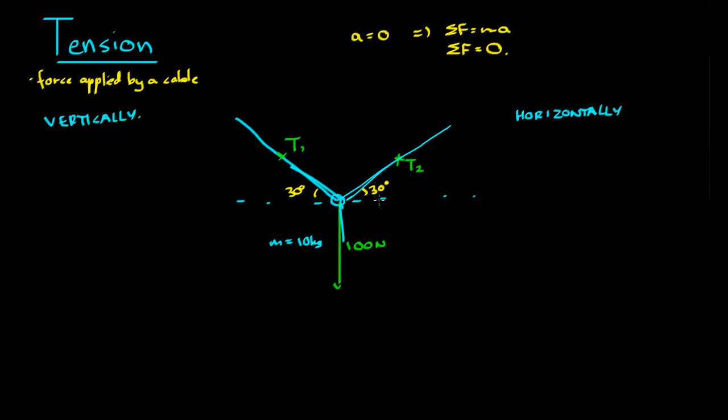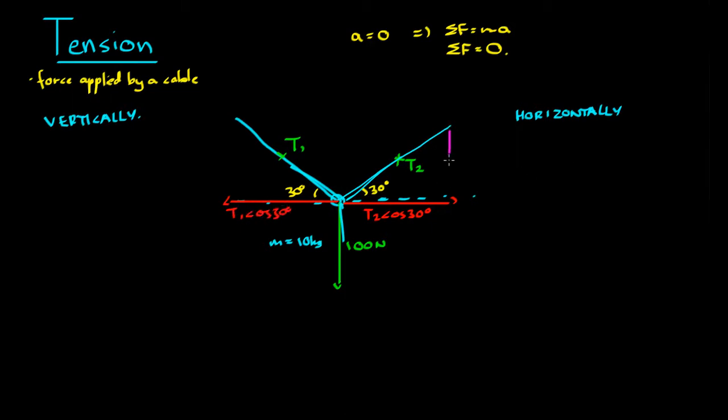Let's look at the horizontal component. We'll make it red. That can run along here. This horizontal component of this force is given by T2 cos 30 degrees. And this horizontal component here is given by T1 cos 30 degrees.